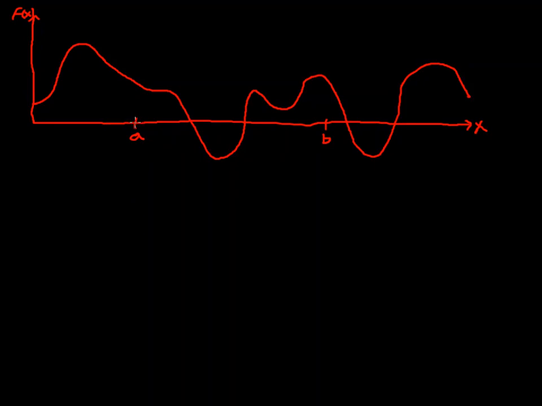What I'm going to do is start building some rectangles. The rectangles are going to touch the curve of f of x right at the edge that starts the rectangle. Make these rectangles kind of big. They should all be the same width.